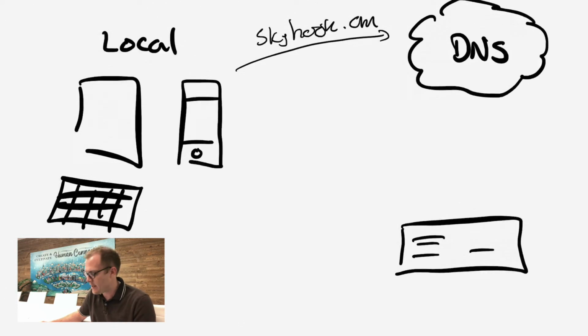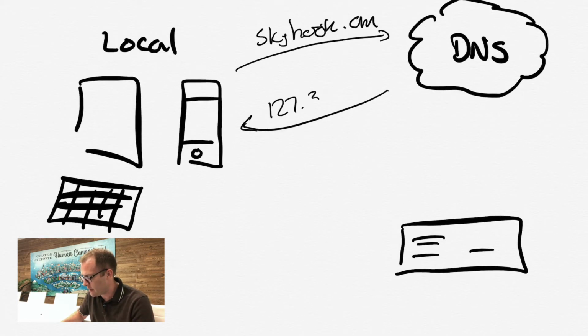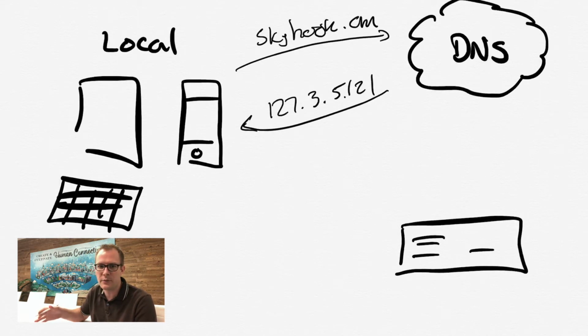What is the internet address for skyhookinteractive.com? The way you may have seen the internet works is with IP addresses. It doesn't work with names. So your computer sends a quick request to the DNS service, which responds back and says, oh, you're looking for skyhookinteractive.com. That's at 127.3.5.121 or whatever. So now your computer knows where on the network to go looking for that particular website.